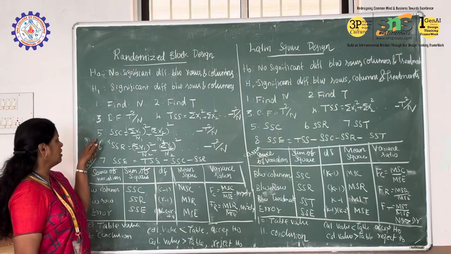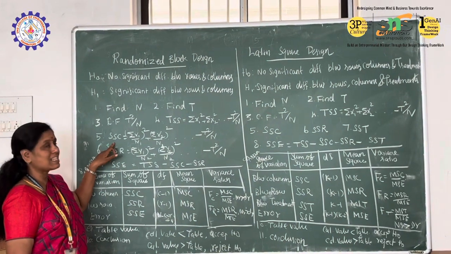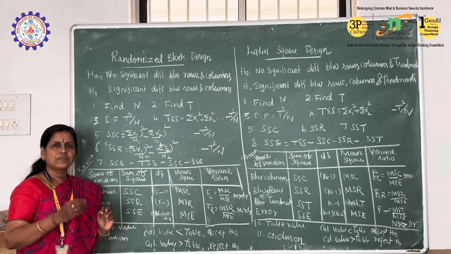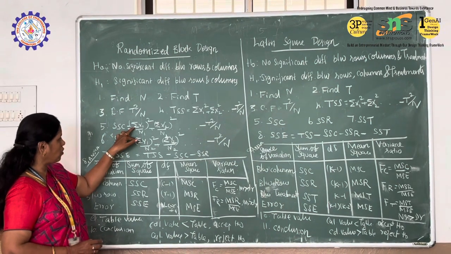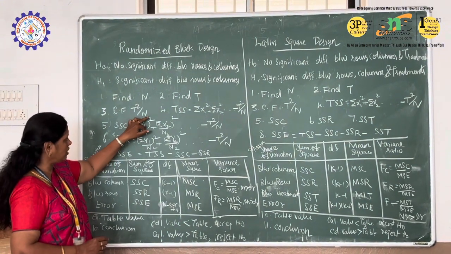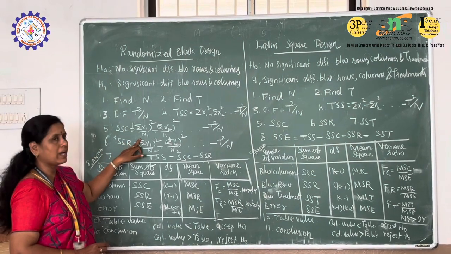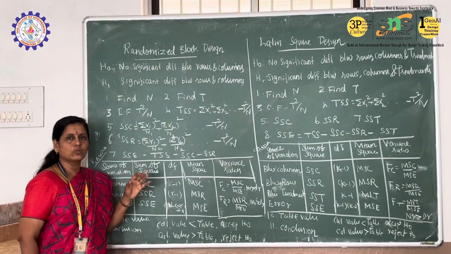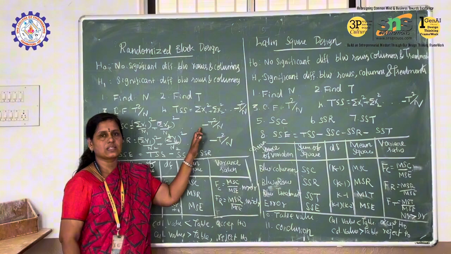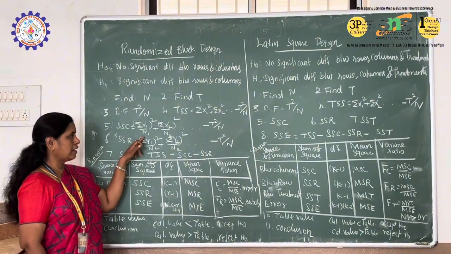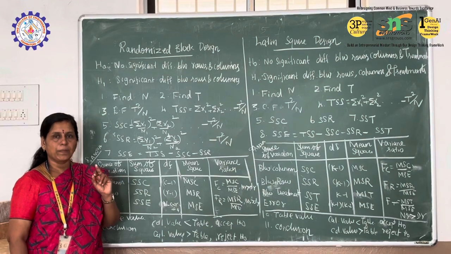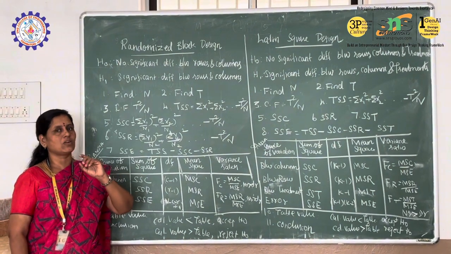Next we find the SSC, the sum of squares between columns, calculated by summation x1 the whole square divided by n1 plus summation x2 the whole square divided by n1 etc. minus T square by n. Here n1 is the number of elements in each column.